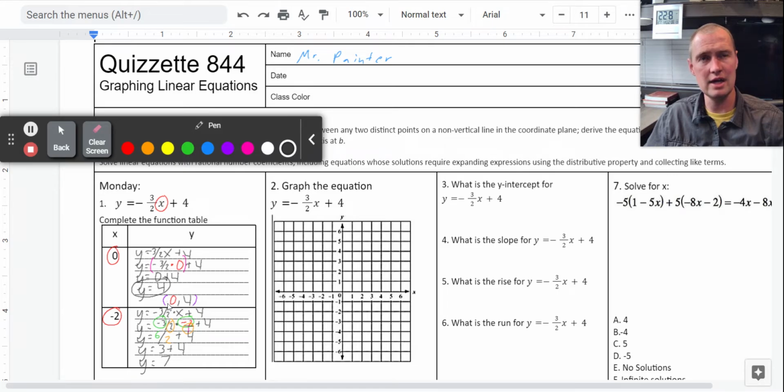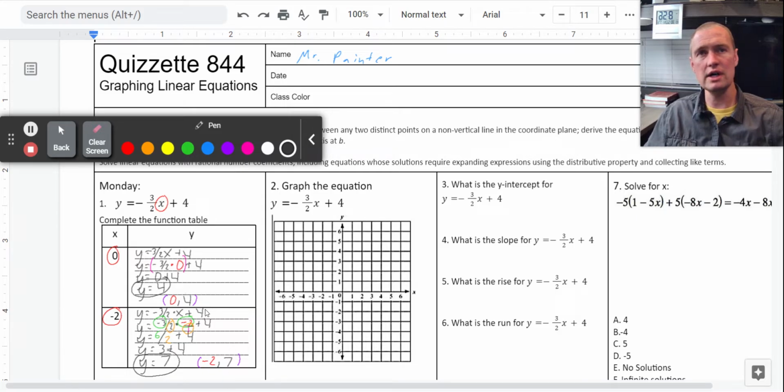So we have a point at (0, 4). Now, for this point here, we also have a negative 2 for x, so (-2, comma, and y was equal to 7. So y is 7 there.